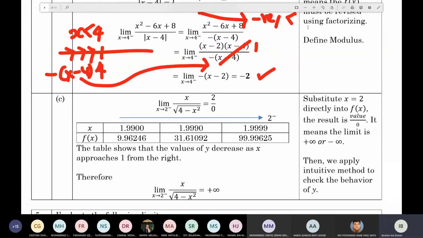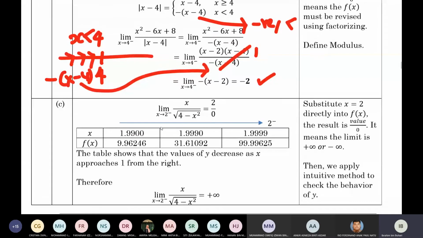Ini cek jawapan. This one you just substitute the value, at least 3 values from the left of the function, 1.9, 1.99, 1.999, and the value of y here increases as x approaches 2 from the left of the function.